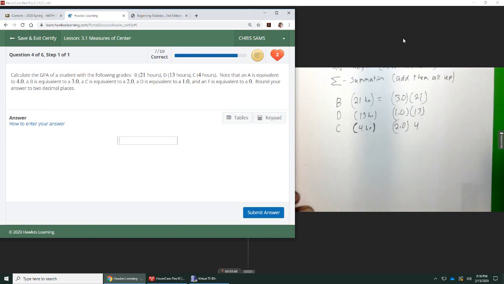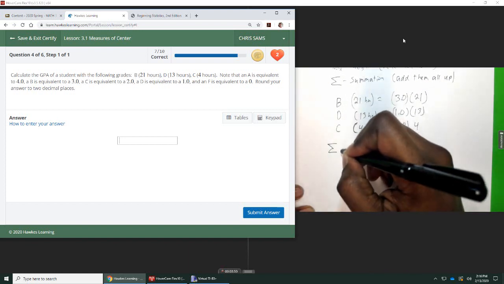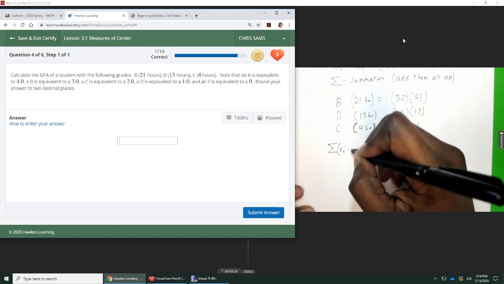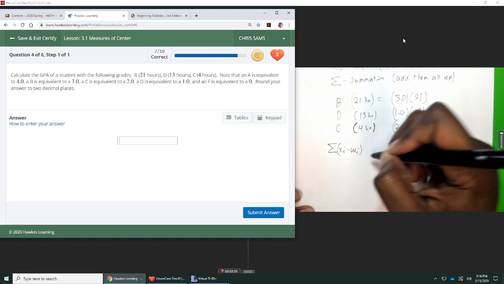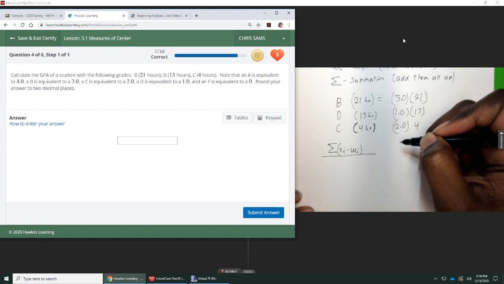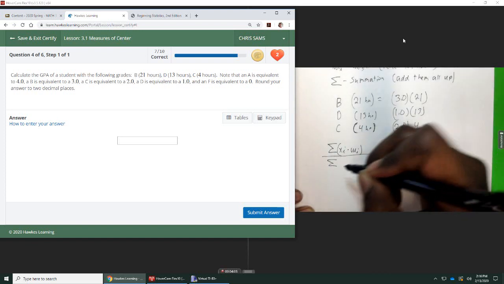Okay, so here's how that formula works. The formula was this: sum of xi, which is the grades, times the weight, and you're going to multiply and add those up, and then on the bottom you're going to just add up all of the weights.